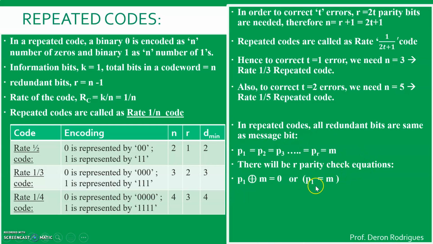So what are the equations? P1 is equal to M, or it can be written as P1 XOR M is equal to 0. Similarly, second equation is P2 is equal to M, or I can write it as P2 XOR M is equal to 0. Similarly, I can write for PR also. So these are the R parity check equations.